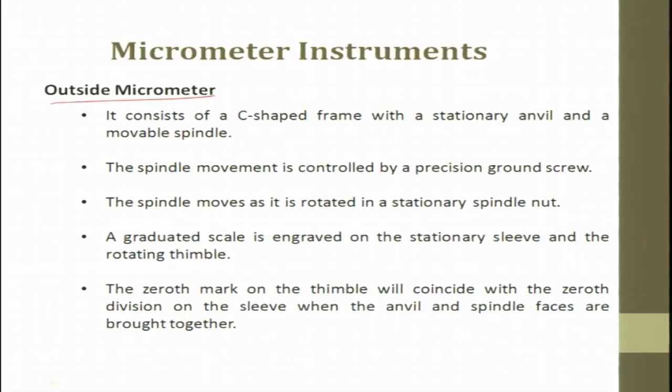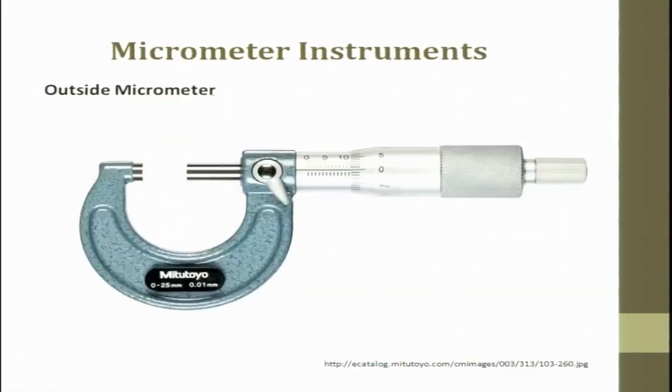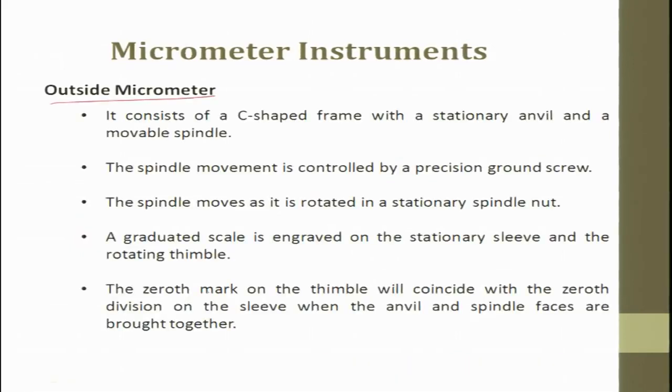The outside micrometer consists of a C frame with stationary anvil. So, this is the outside micrometer, or people call it a screw gauge. Here it is 0 to 25, and this is the least count they have given.